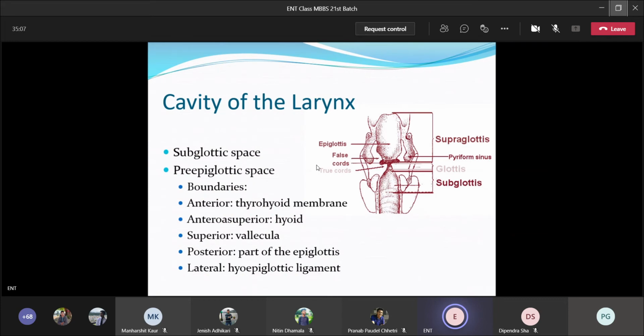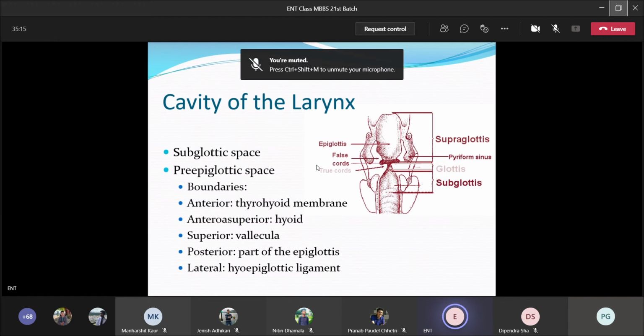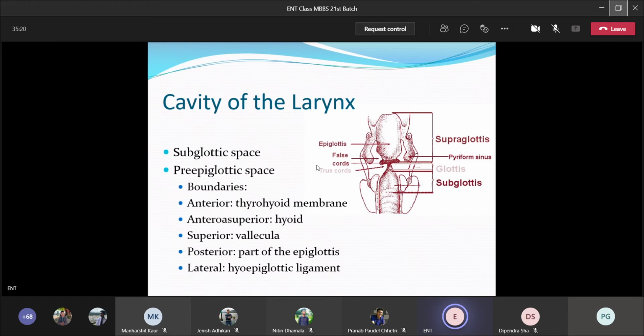The boundaries of the pre-epiglottic space: anterior is the thyrohyoid membrane and anterior superior is the hyoid bone, superior is the vallecula, posterior is part of the epiglottis, and lateral is the hyoepiglottic ligament. So this diagram shows the supraglottis and subglottis. Look, below is the subglottic space and above is the supraglottic space.